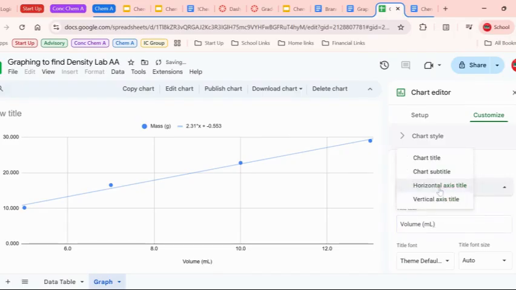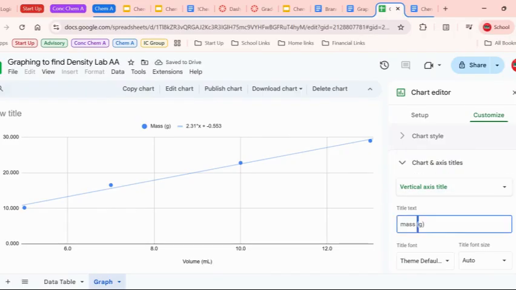Close the parentheses. Go to your vertical axis, and again it will read axis title and unit, and you are going to change that to read mass and the unit of grams.